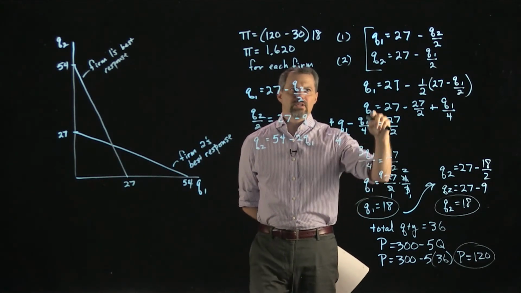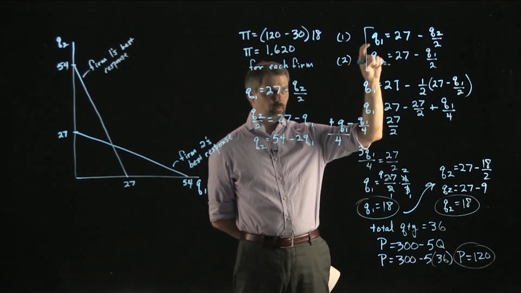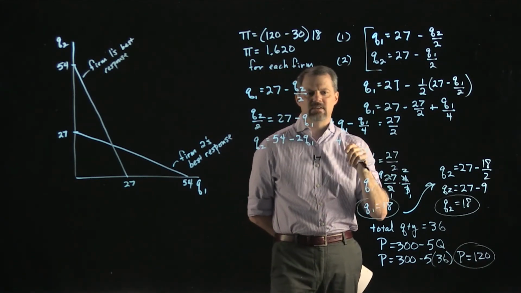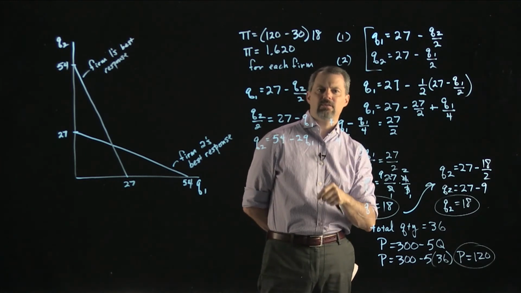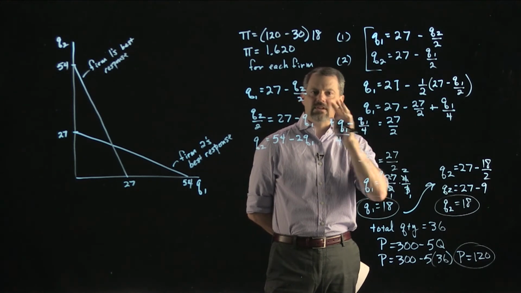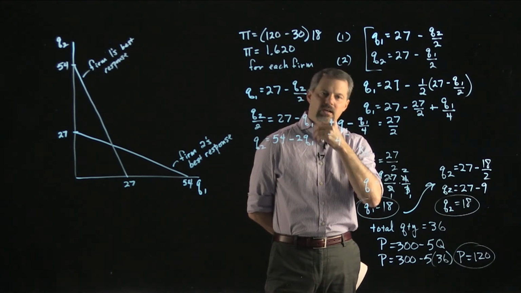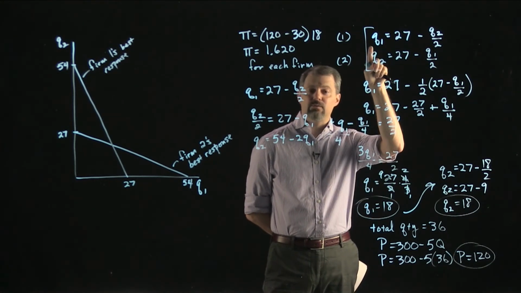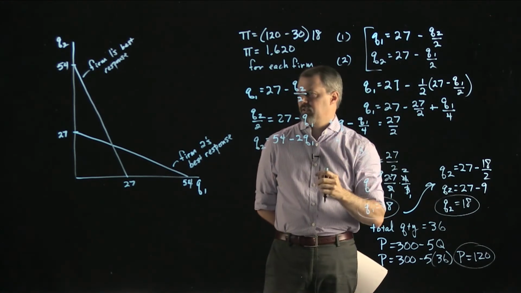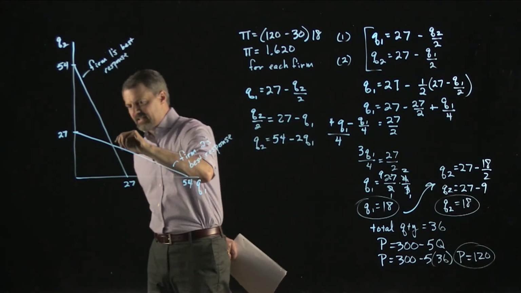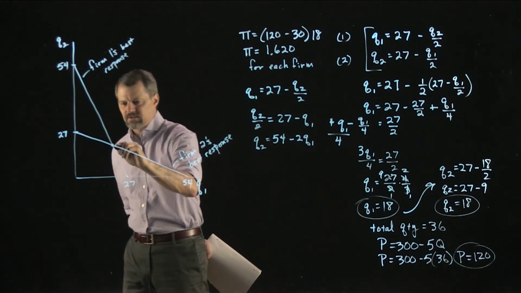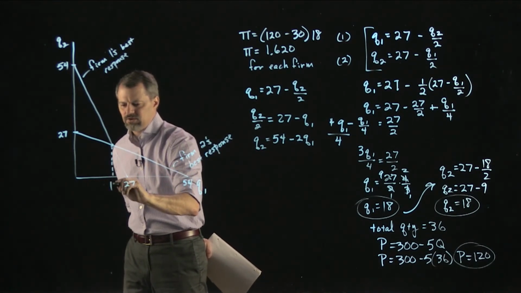Essentially what we're doing here is we're setting them equal to each other. We're doing the same thing as if we had a demand curve and a supply curve, where we have 2 equations and 2 unknowns. In that case, we've got price and quantity, and we're solving for both of those. In this case, we've got Q1 and Q2, 2 functions. We plugged one into the other. What we did, though, is we're finding this intersection, and we found that that intersection occurs when each of them produce 18 units.